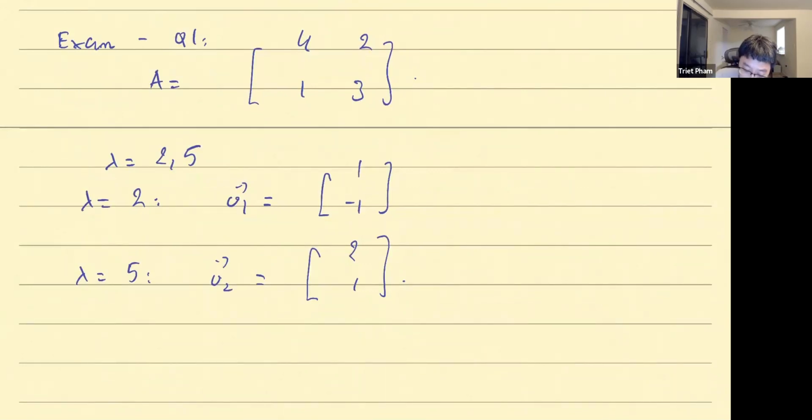So what would the exponential approach do? It would form the D matrix, which is 2, 0, 0, 5, and the P matrix would be 1, -1, 2, and 1.